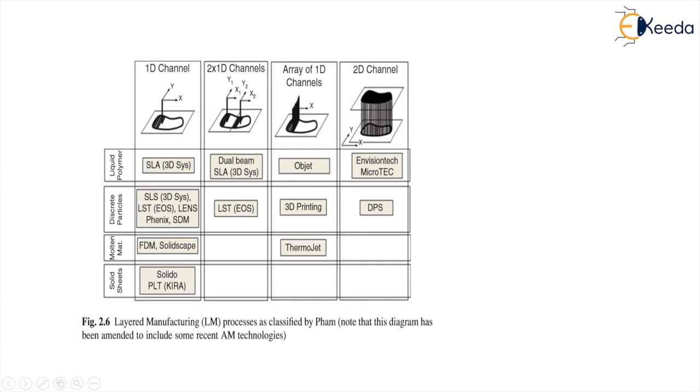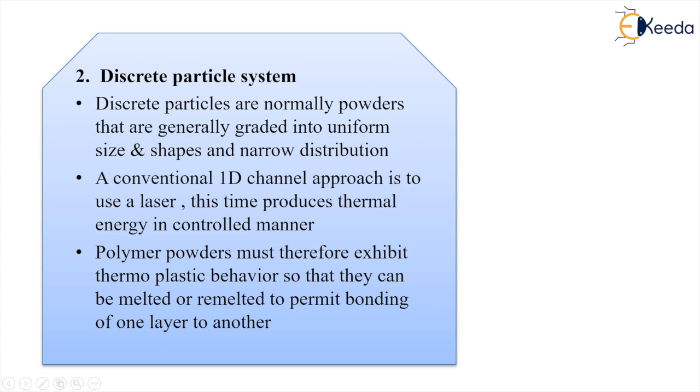Now the second classification of AM is the discrete particle system. These discrete particles are normally powders that are generally graded into uniform size and shape, having a narrow distribution. A conventional 1D channel approach is to use a laser, which produces thermal energy in a controlled manner.